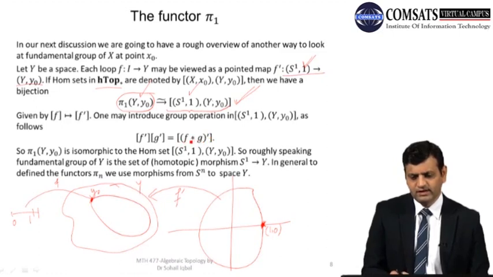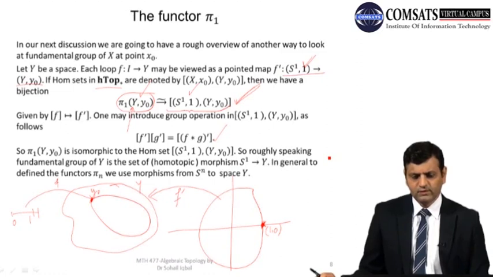So in other words, when I multiply any two elements in this group, it's another element of this group, and since there is a bijection between these two sets, I take the corresponding element in this set. So that's how we can define the operation of multiplication in this set, which is basically the family of homotopy classes of pointed maps between the circle and y naught.